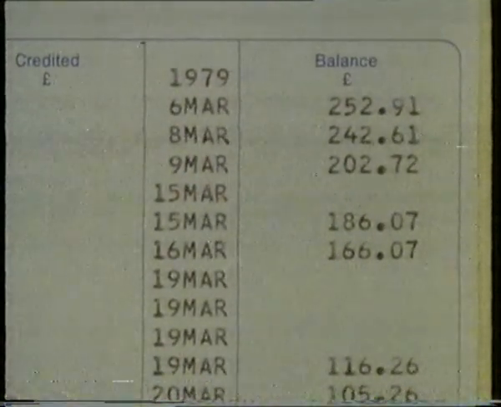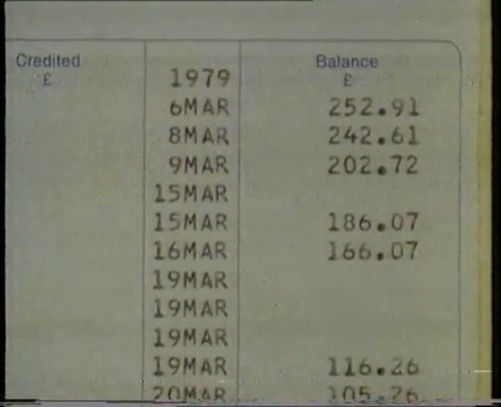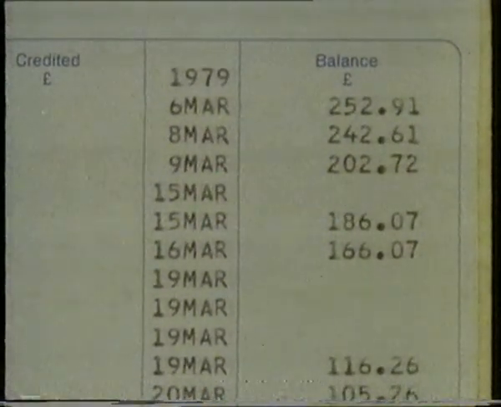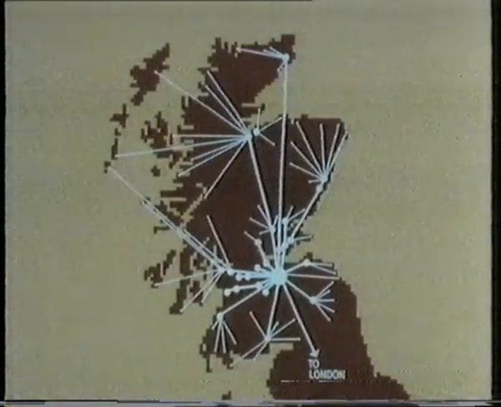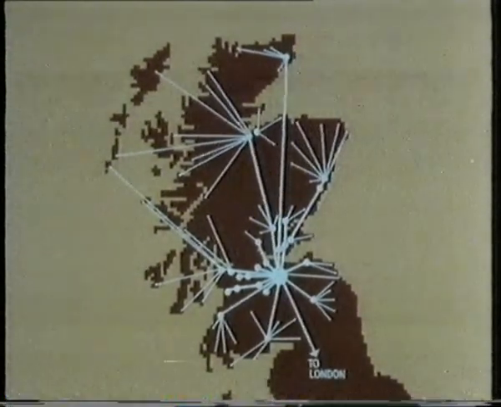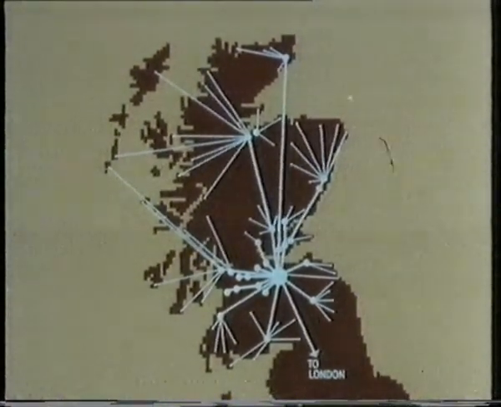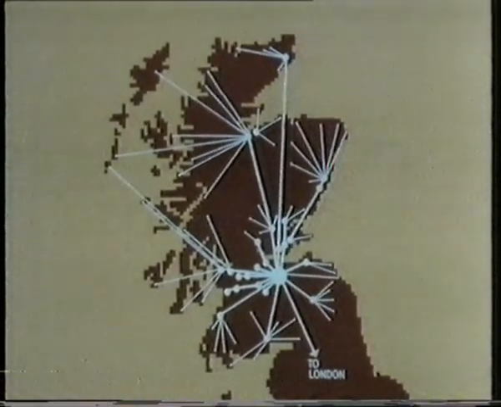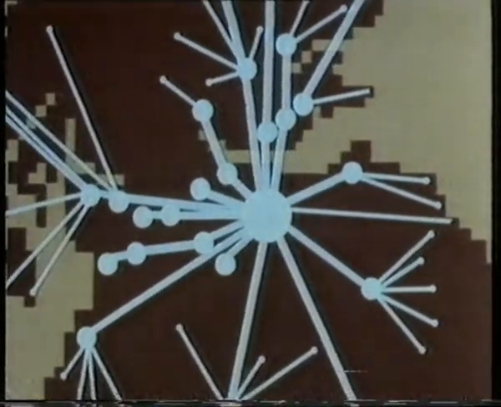All this information, debits, credits, and so on, has to be held by the computer, and not just for one customer. The Royal Bank has about 500 branches throughout the country, and information about customer accounts at all these branches is now held centrally in Edinburgh by the Royal Bank's computer system.